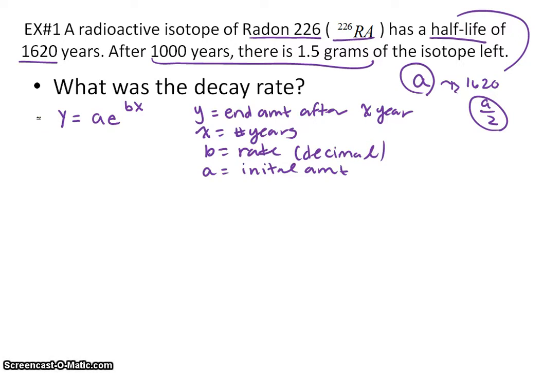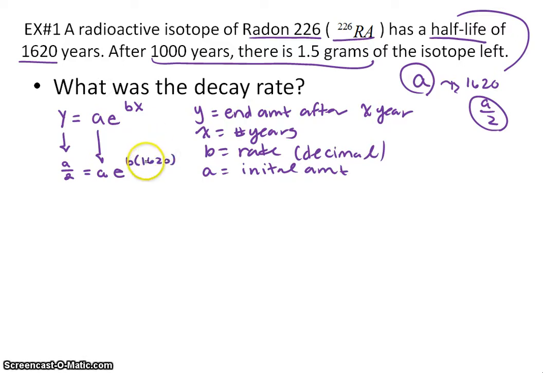Okay, so what we know is that this radioactive isotope has a half-life of 1,620 years. So what that tells me is if we start off with A, at the end of 1,620 years, the amount that we're going to have, y, the end amount after 1,620 years, is going to be A over 2. So we have e to the bx where x would be 1,620 years.